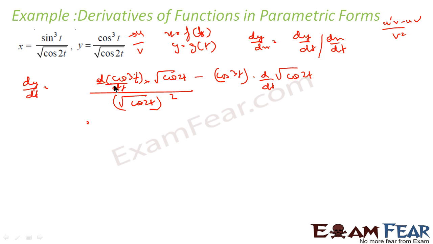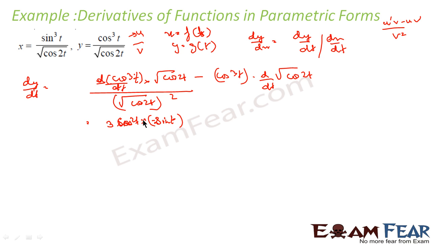So d by dt of cos cube t is nothing but 3 cos square t into d by dt of cos t, that is minus sine t. Sorry, it is minus sine t. So 3 cos square t into minus sine t.